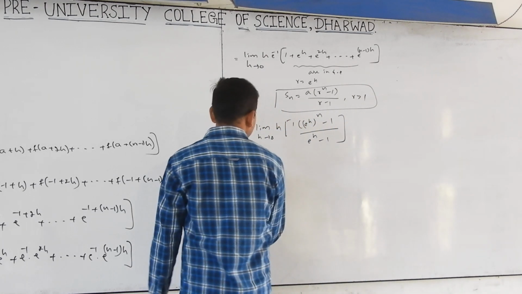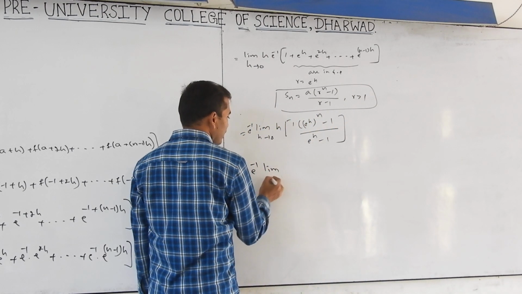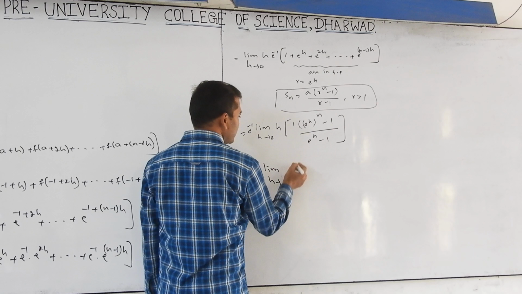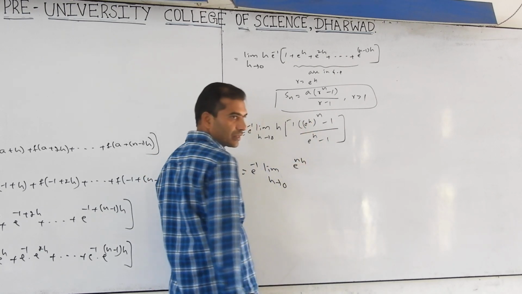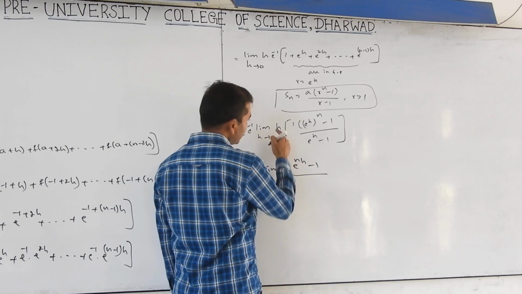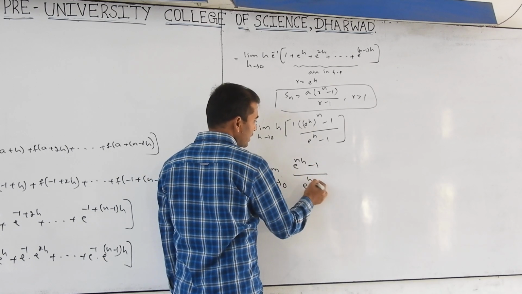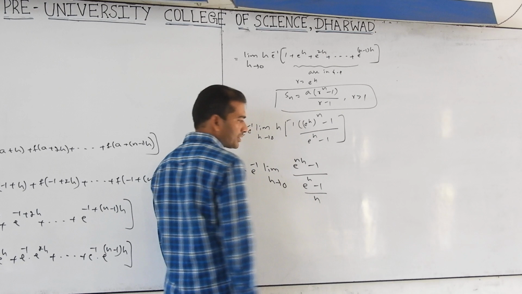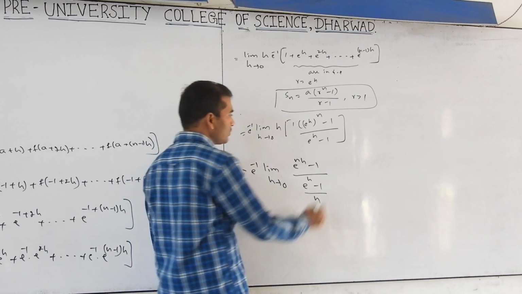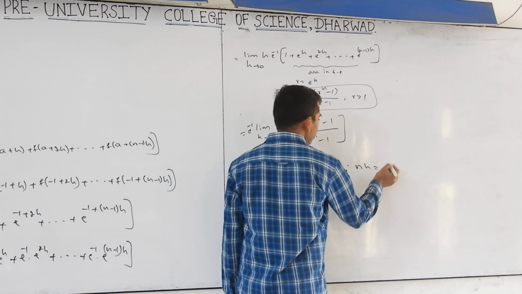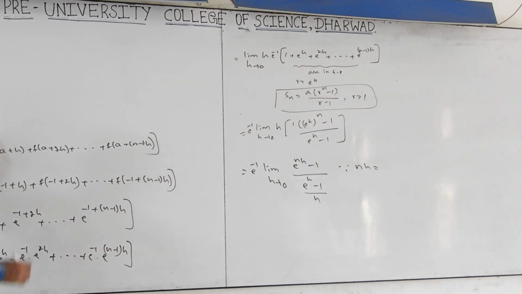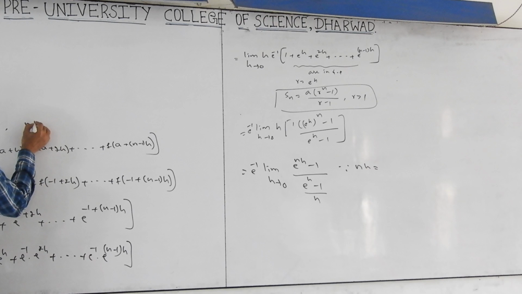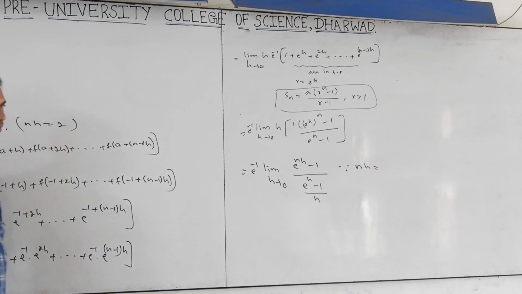Now e power minus 1, limit of h tends to 0. We can write e raised to n h minus 1, and this h comes down: e raised to h minus 1 by h. What is the n h value? h is equal to 2 by n, then n h equal to 2.